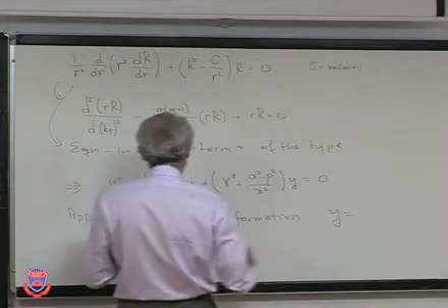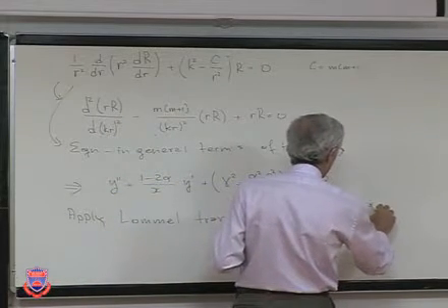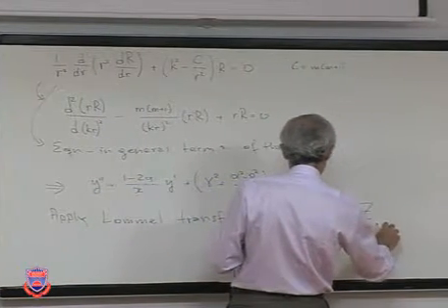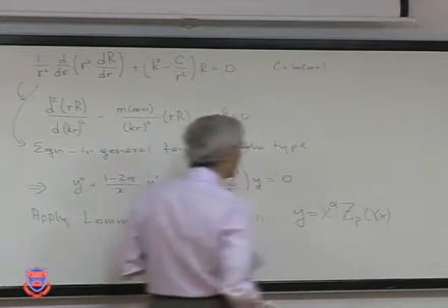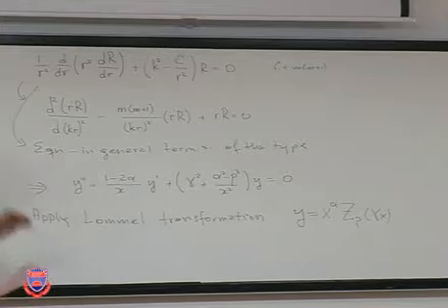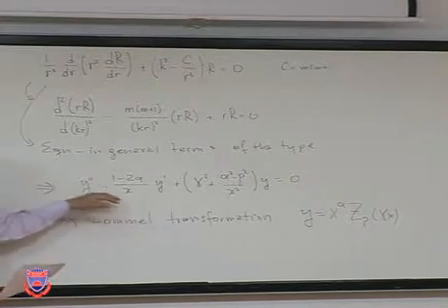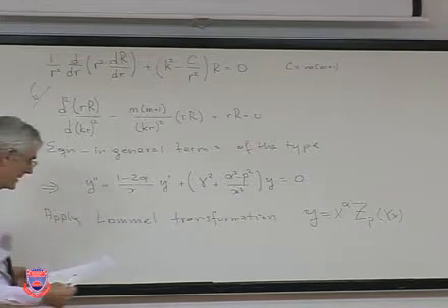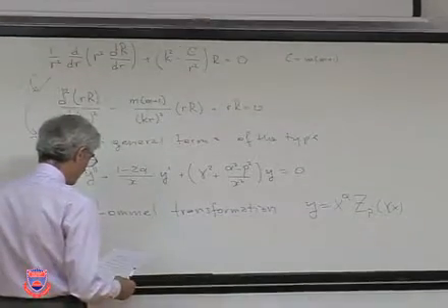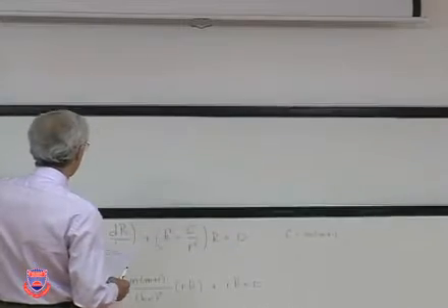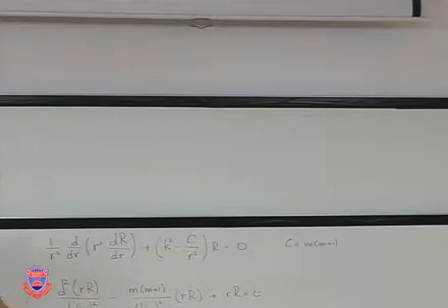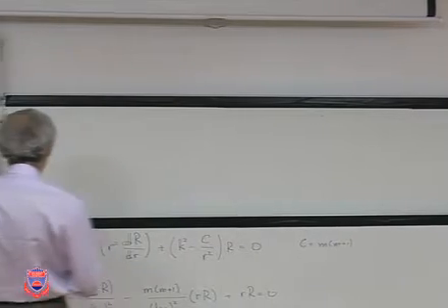Instead of y, we write x to the alpha times Z sub p of gamma x. When you make a substitution for this, you end up with a different representation, and I'll explain what Z is in a moment.